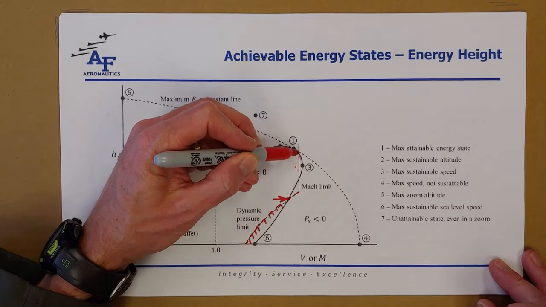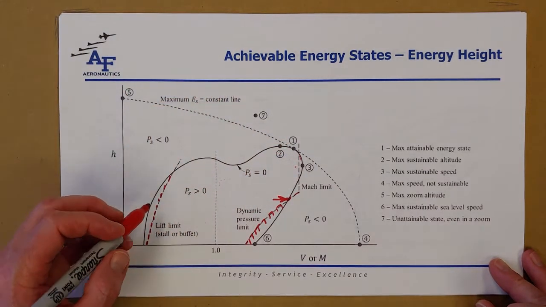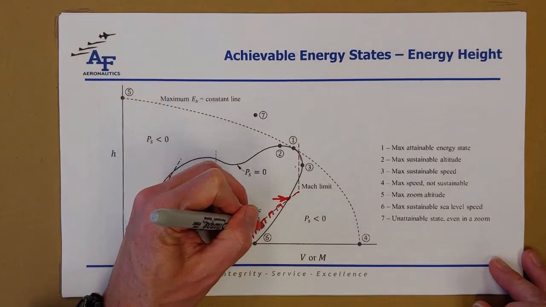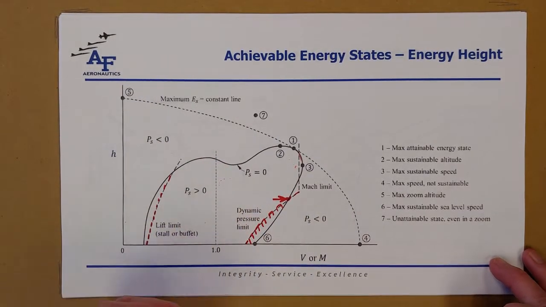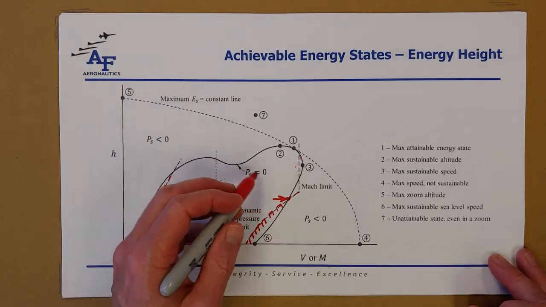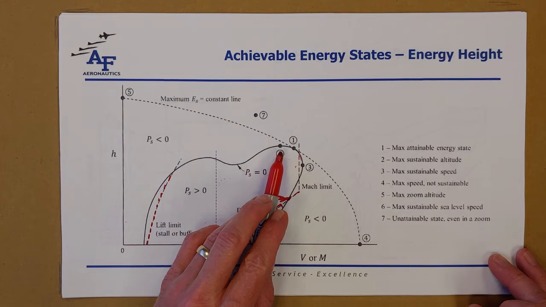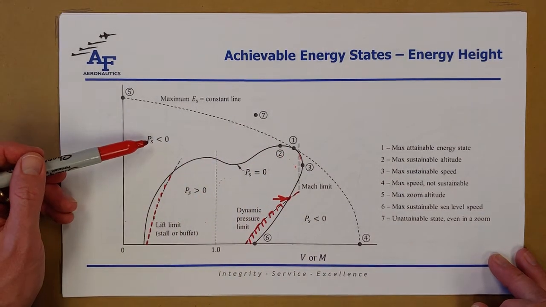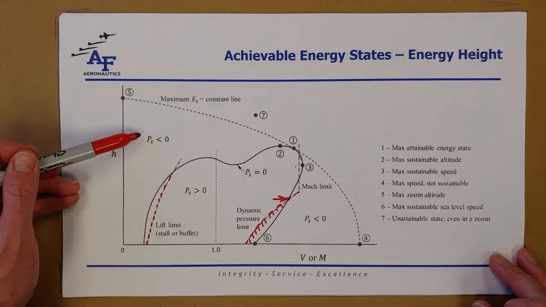So here's again P sub S. Anywhere inside of this P sub S diagram, so long as you don't exceed a boundary, you can fly your airplane anywhere in here. You can reach point 2. Now outside of the P sub S line, you're at negative P sub S. That doesn't mean that you can't get there.